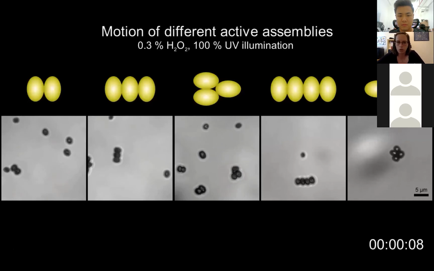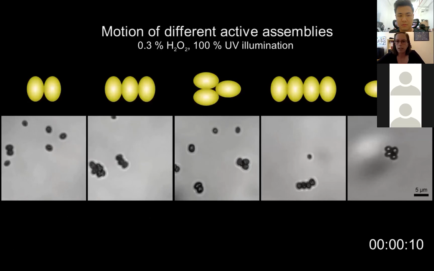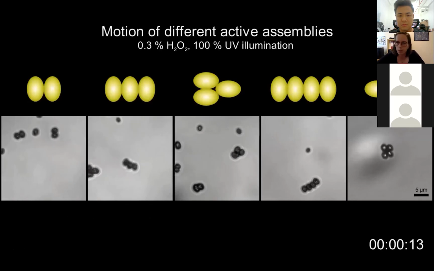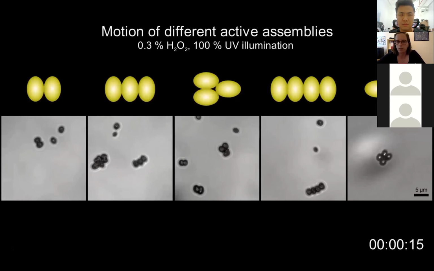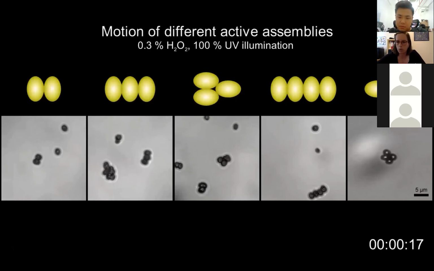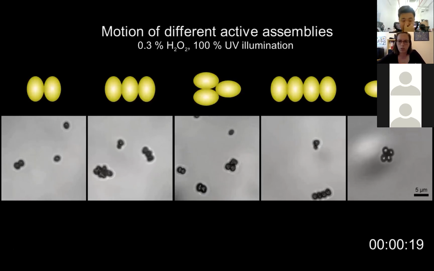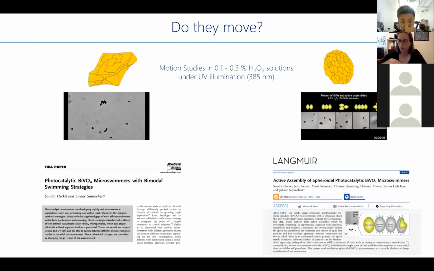And the motion mode also depends on how many particles are there in one assembly and how they are assembled, in which geometry. This we also published together with Benno Liebchen last year in Langmuir, and you're also welcome to look into this one.